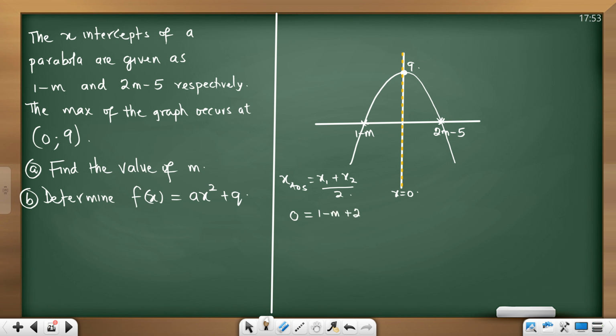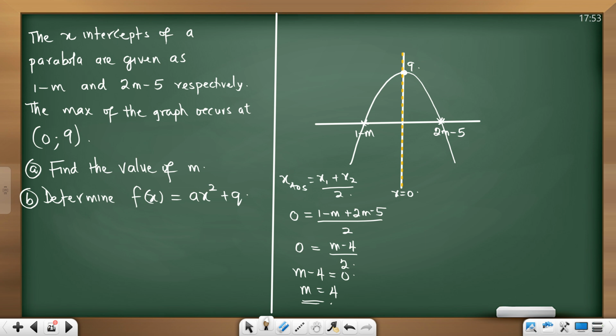What is my x2? 2m minus 5. If we simplify, 2m minus m gives us m, and 1 minus 5 gives us minus 4. Let me take it step by step. 0 equals m minus 4 over 2. Cross multiply, m minus 4 equals 0. What is m? 4.